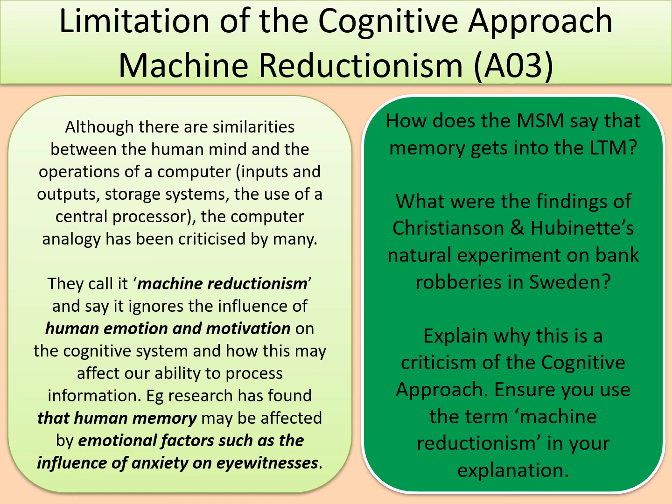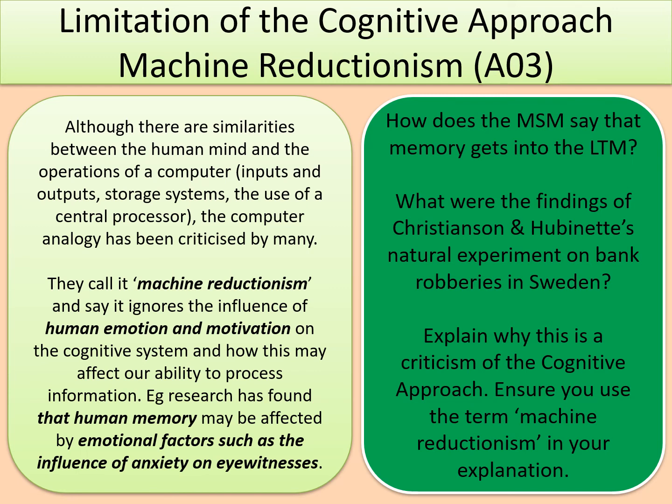But the Swedish bank robbery study, if you remember the findings of Christensen and Hubinette's natural experiment on Swedish bank robberies, was that the victims of those robberies, the people who had guns pointed at them and were absolutely terrified, had incredible recall for the event, and they were interviewed 4 to 15 months later. Because the human emotion of anxiety absolutely threw the multi-store model of memory out the window.